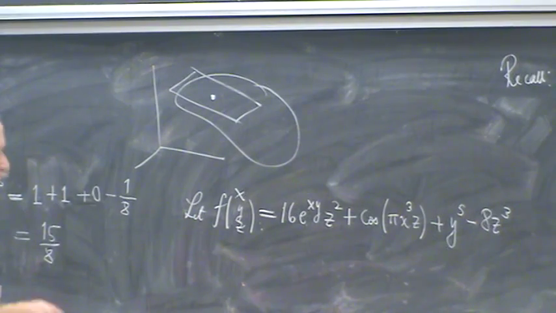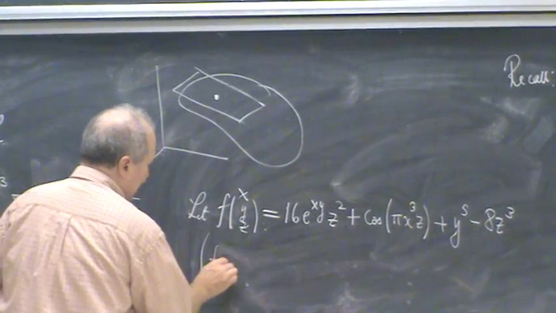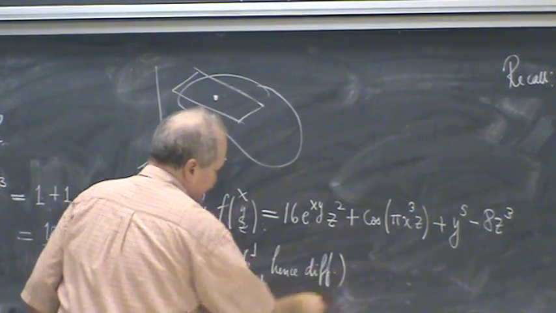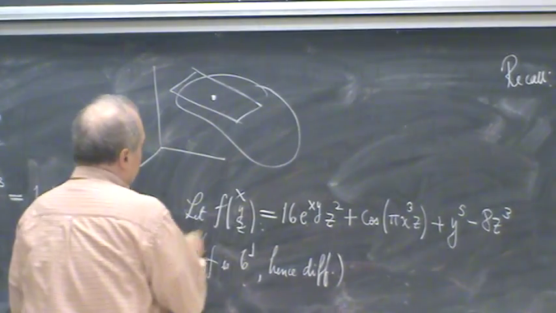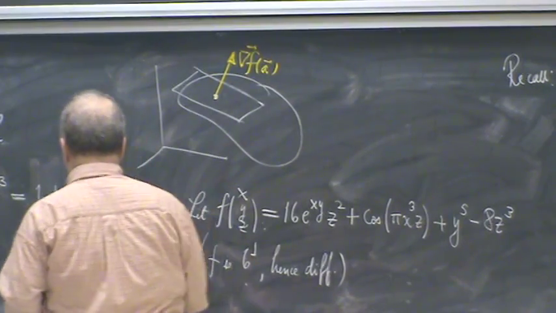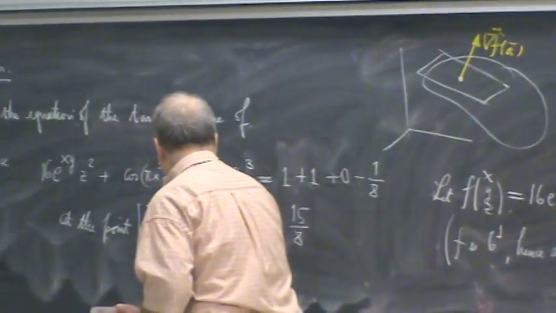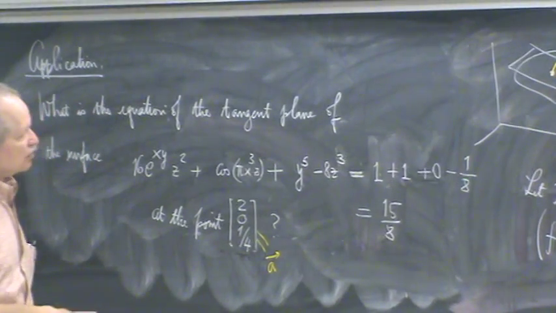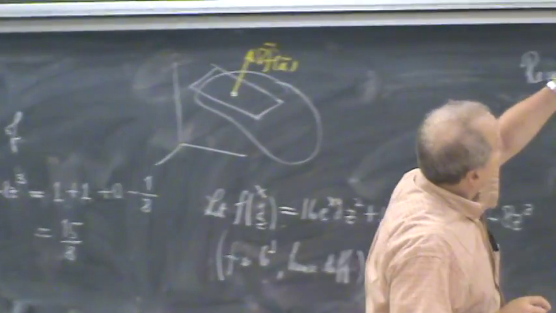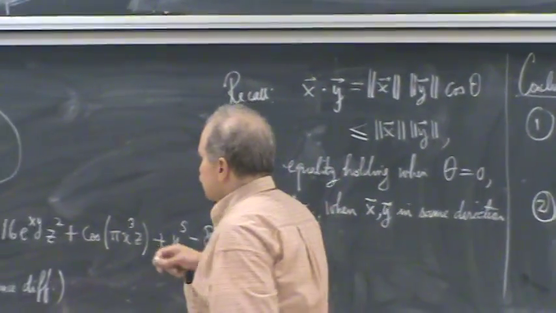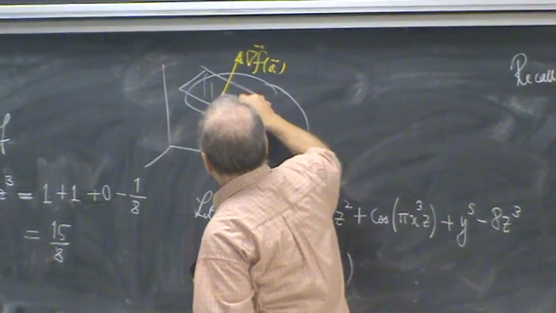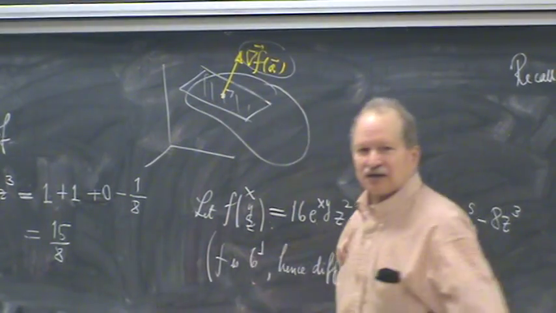Those are perfectly wonderful functions. So officially I'll say f is C1, hence differentiable. Then I know that the gradient, whatever it might be, is orthogonal to the level surface. That's what we just discussed up here. So whatever this surface is, we know that its tangent plane has normal vector given by the gradient.